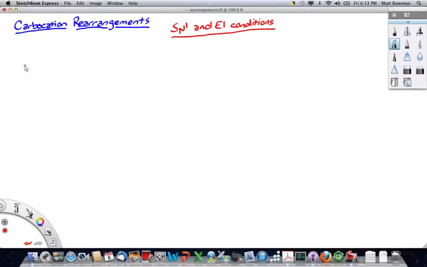First example, in this step, this hydrogen shifted over there, giving a tertiary carbocation.